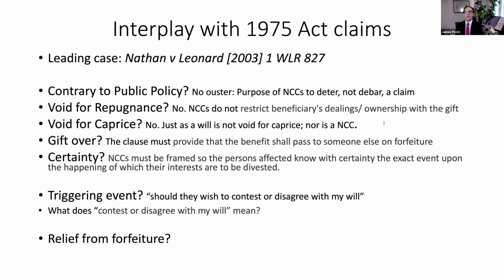Then a disappointed beneficiary, having been given something, will take advice, and the advice might say you can get between X and Y. If what they've been given is within that parameter, it's going to be a very risky claim for them to bring, which means obviously it's less likely they will bring it.